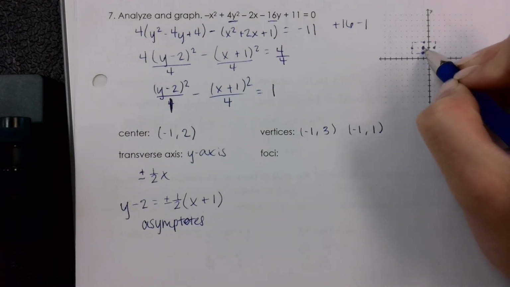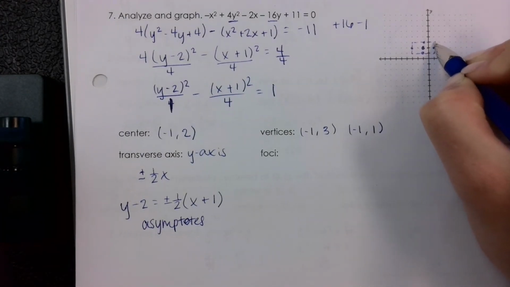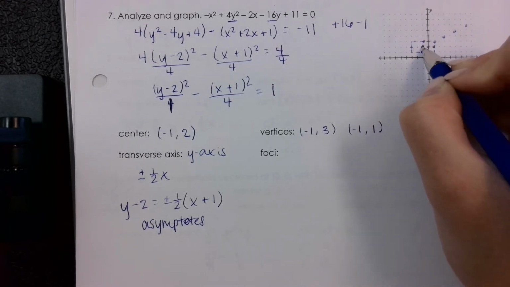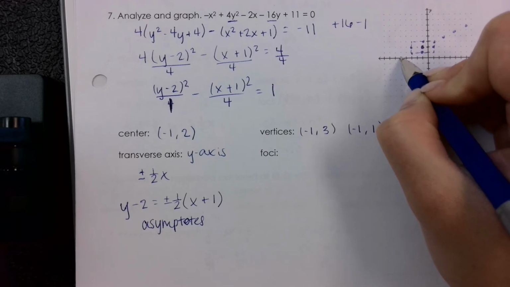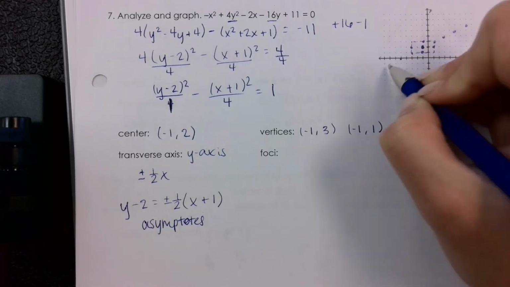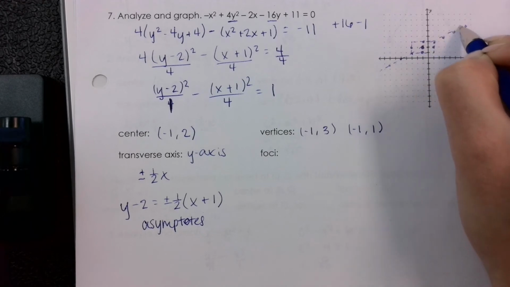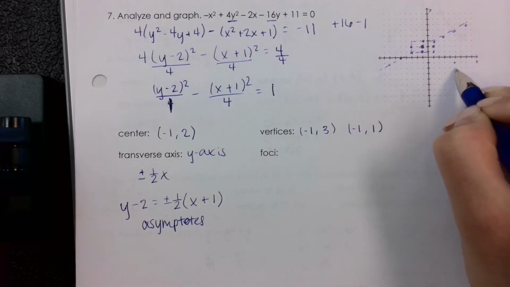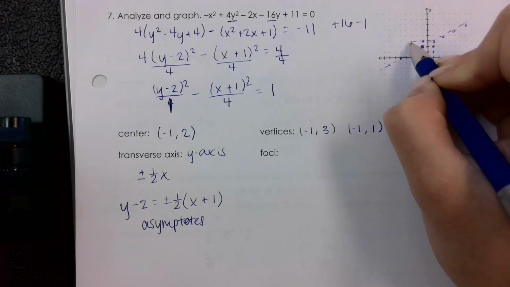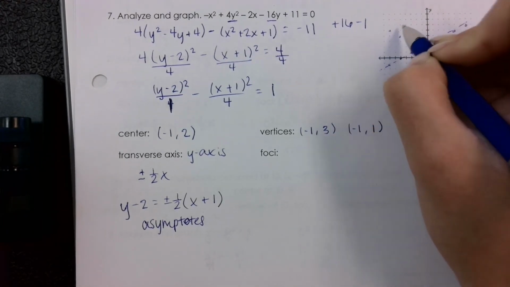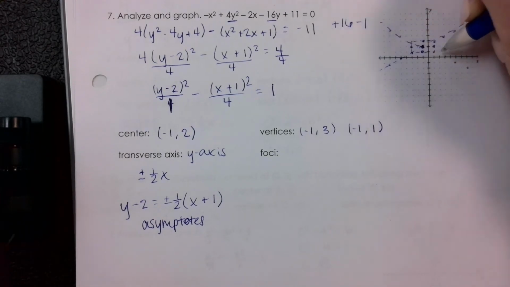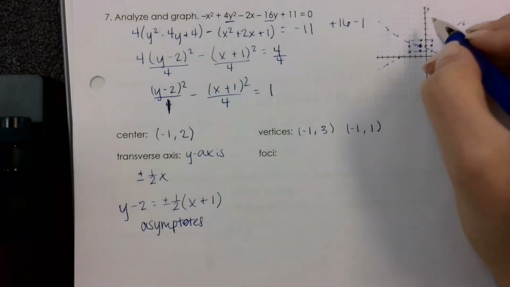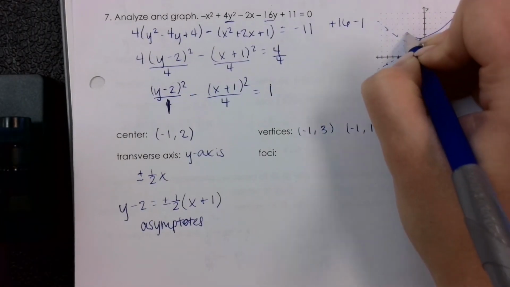So we can go ahead and sketch those asymptotes in, up 1 over 2. And we said we'll open on the y's, so they're going to go up this way.